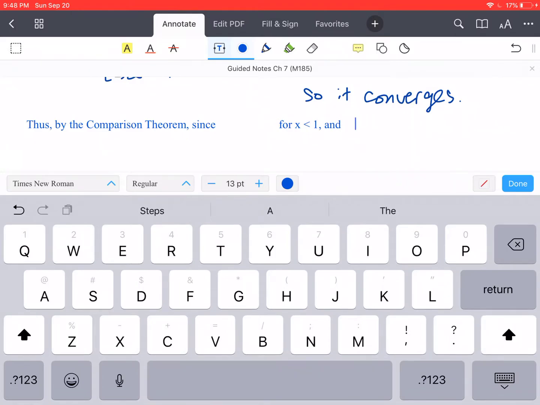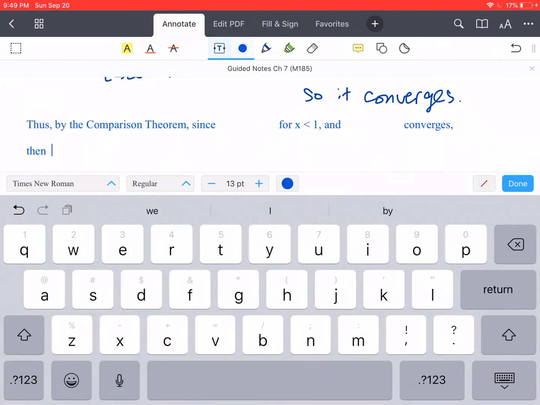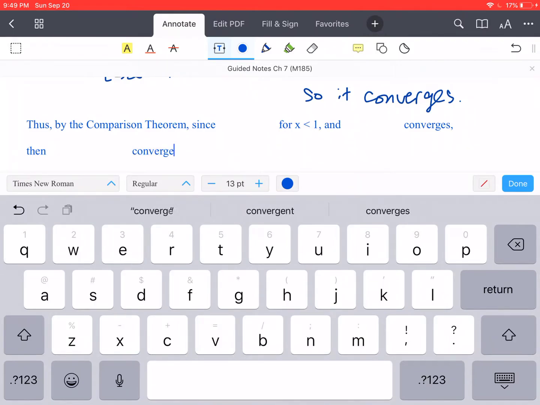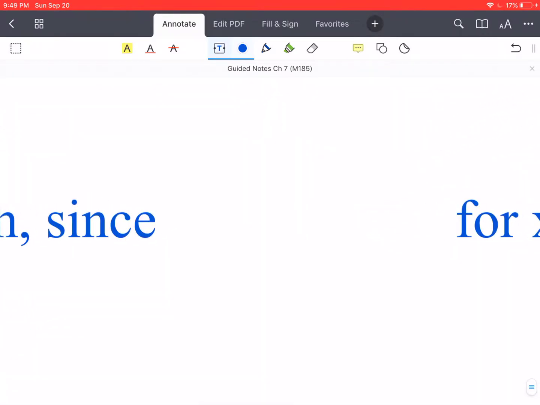and the integral converges, then our integral from 1 to infinity is going to converge as well. Sorry, I know I'm leaving a lot of blanks in there. I'll go ahead and fill this in right now.